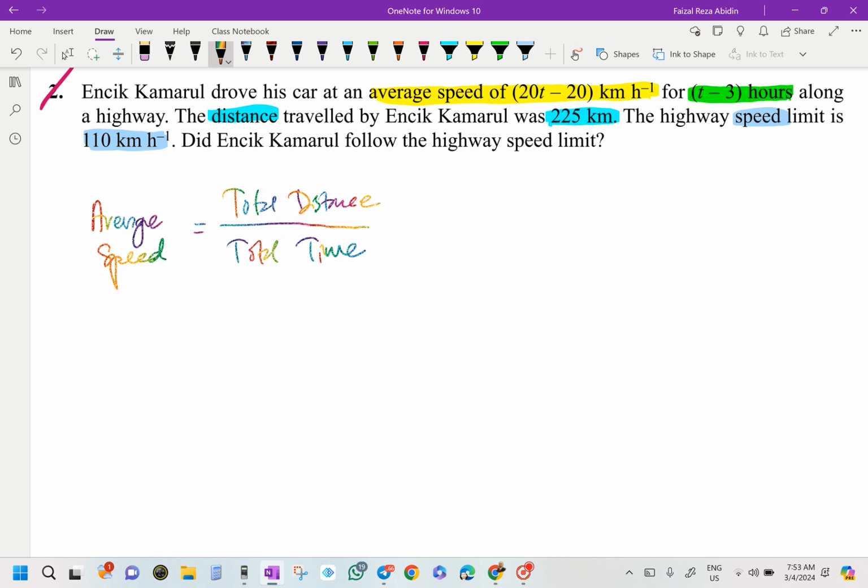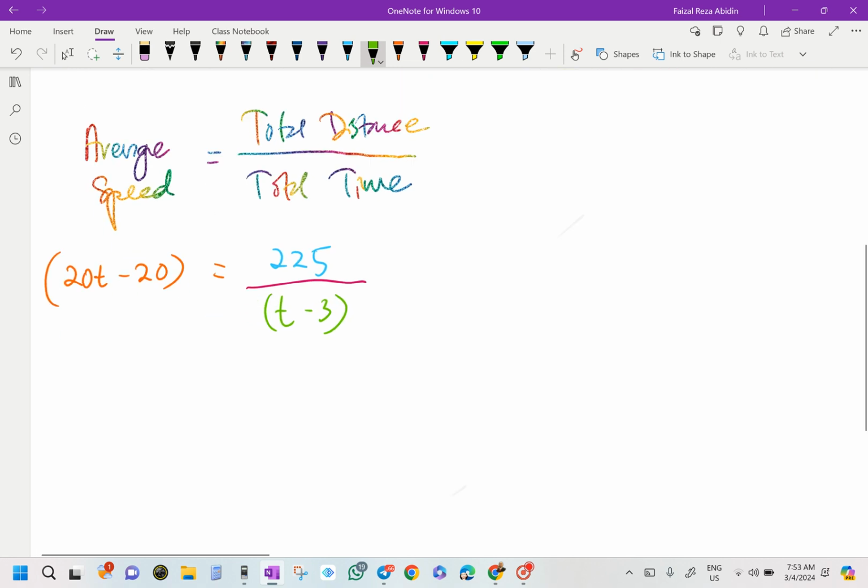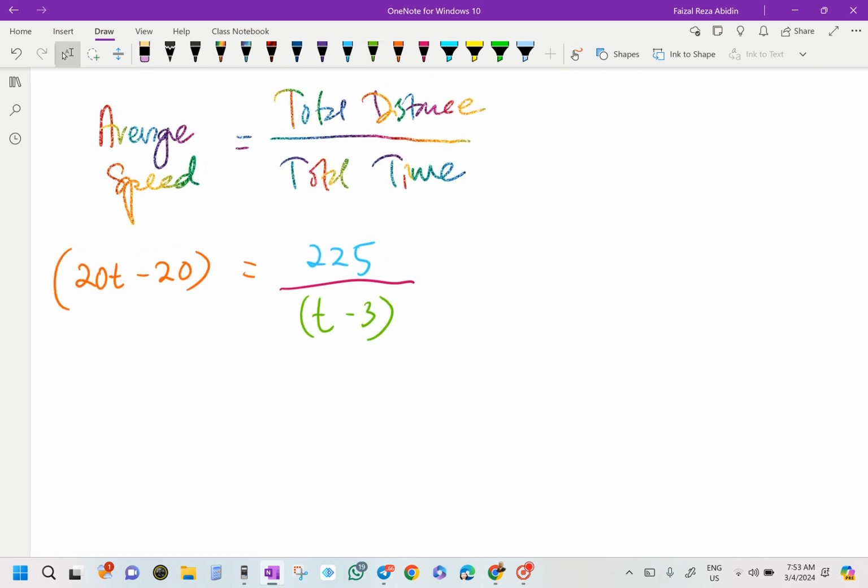Substitute first. Okay, substitute. So 20t minus 20 equals distance 225 over our total time, which is t minus 3. So how do I find my t now?